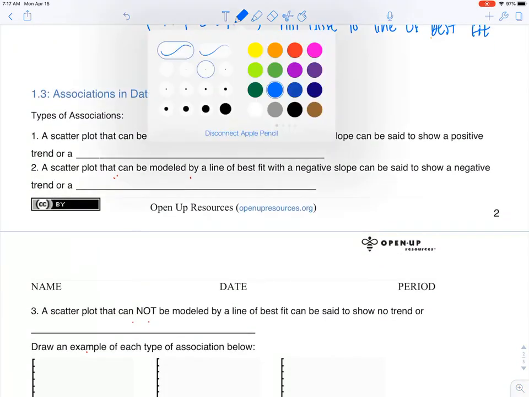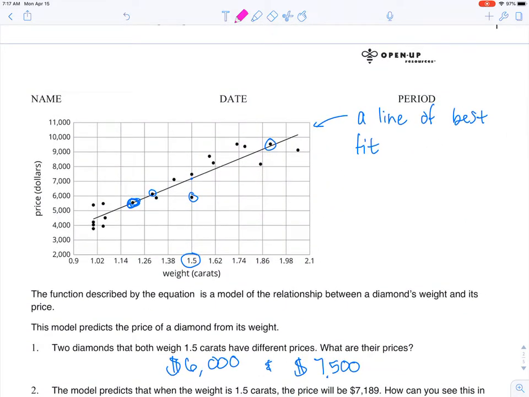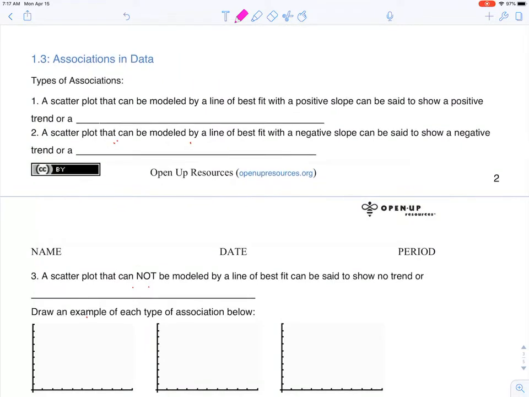Types of associations. We've seen 2 types of associations in this lesson so far. If we look at our diamond graph, this actually has a positive association because as the weight of the carat increases, the price in dollars also increases. So a scatter plot that can be modeled by a line of best fit with a positive slope can be shown to have a positive trend or positive association.